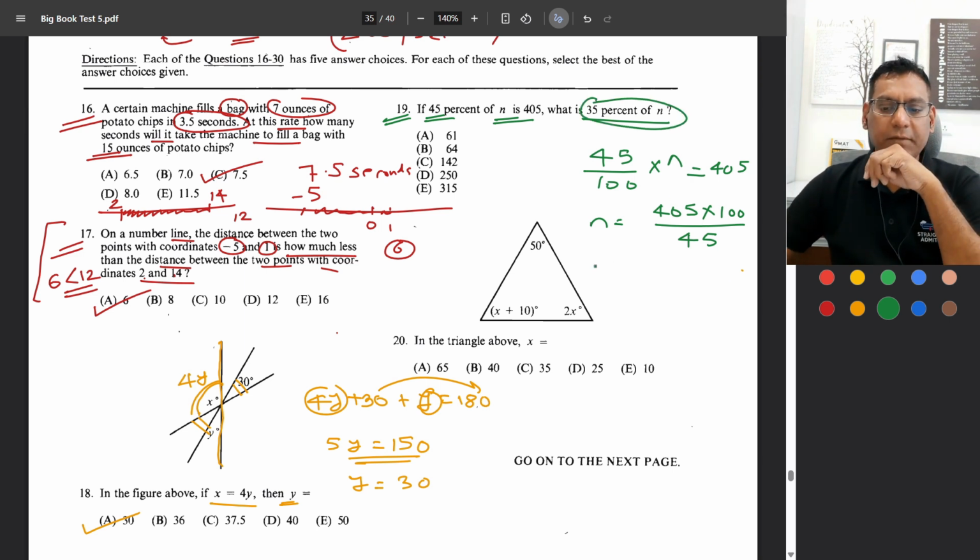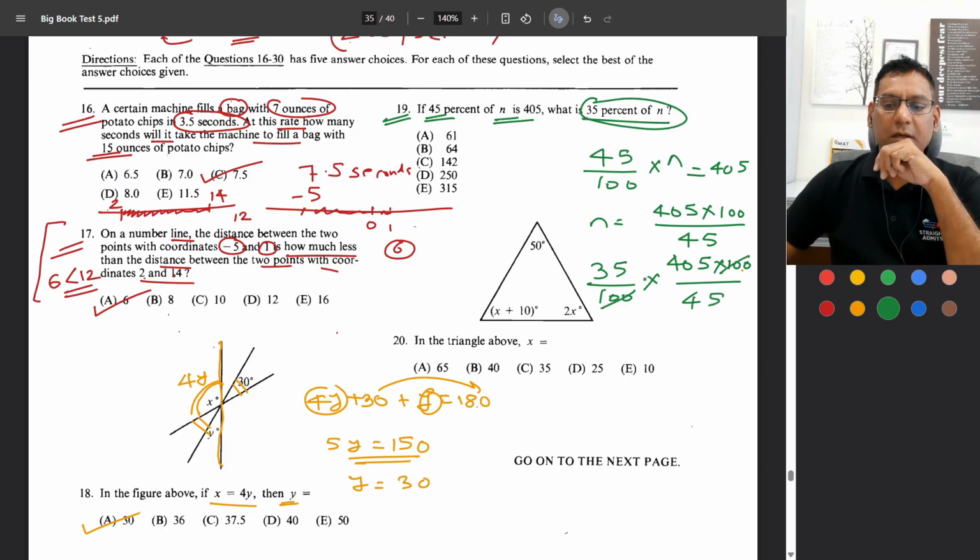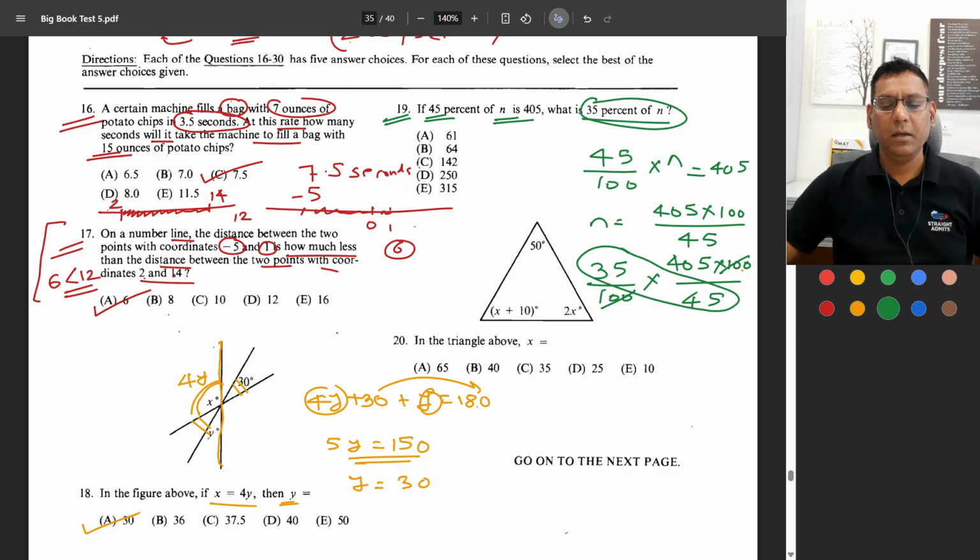So 35% of that is going to be 35 divided by 100 times this quantity. The 100 will get cancelled. I have to calculate this. If I divide by 5, I get 7 by 9, times 405.